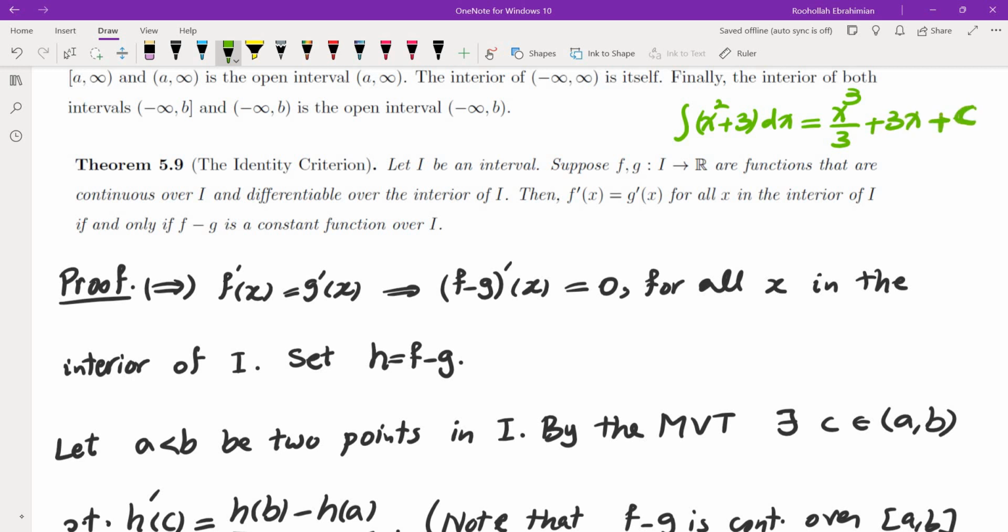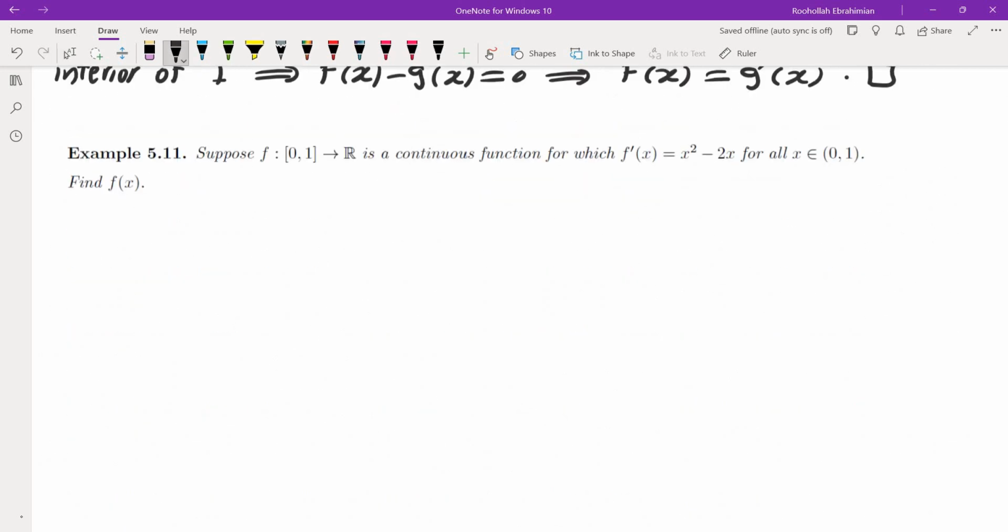So this is justifying that the only functions whose derivatives are x squared plus 3 are that particular function that we found plus c. Okay, let's do an example on this to illustrate the point that I just made.